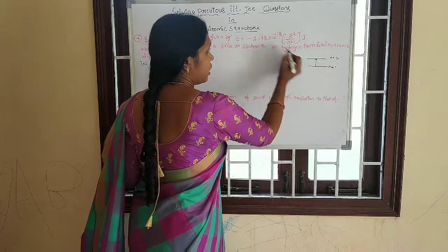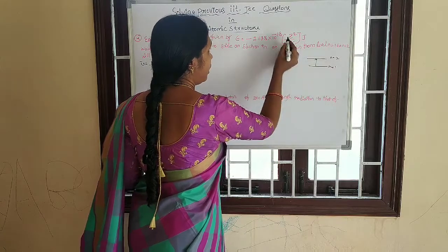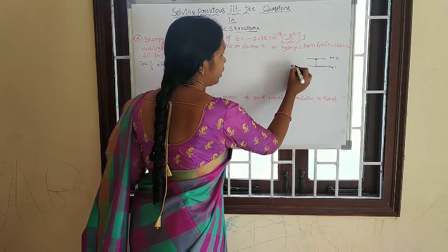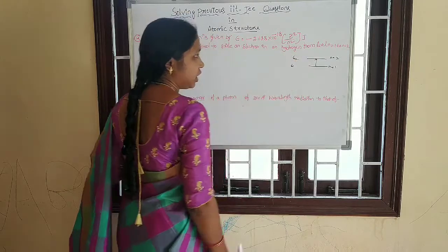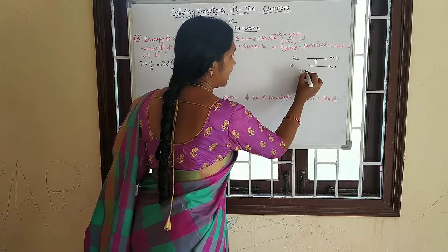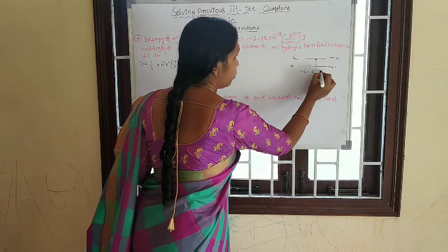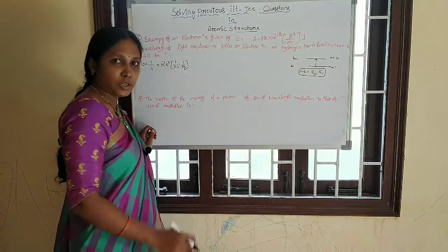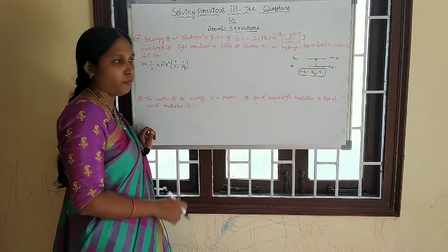For the first energy level, n is 1, Z is 1. So calculate E1 and E2, and afterwards delta E equal to E2 minus E1, the change in energy.